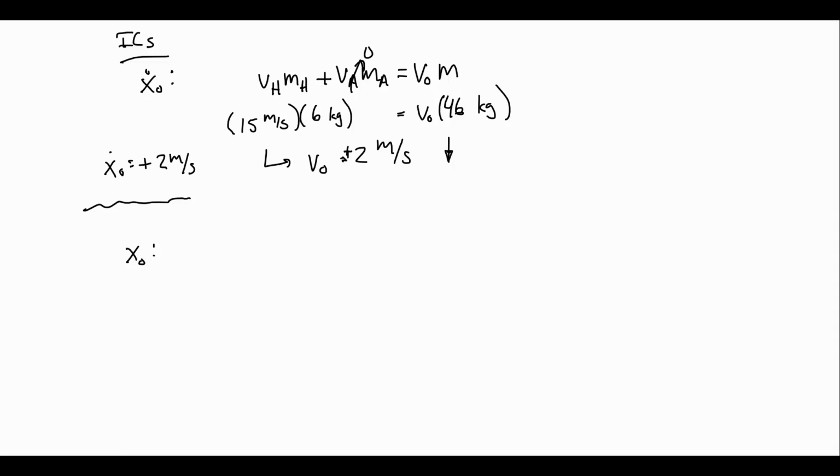So our system is, let's say, up here initially, because the anvil was at rest. But what happens after they are combined is that the new equilibrium position should actually be lower, because it should compress that spring more.